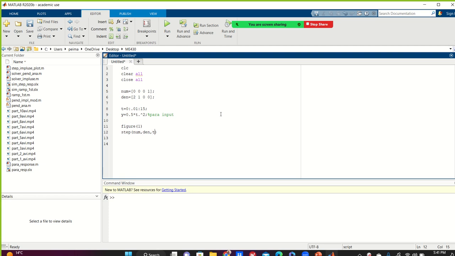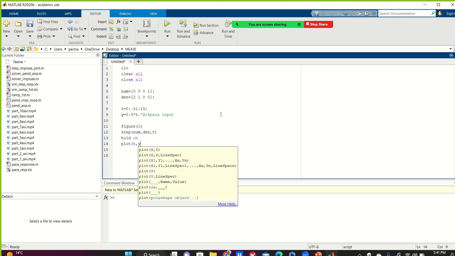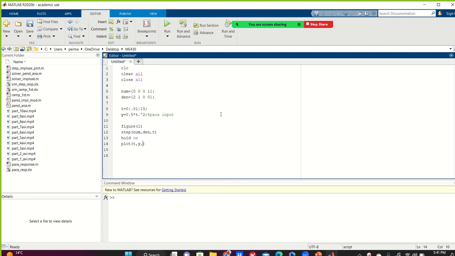So then I'm gonna say hold on, and plot the input to the system, t and y, and I'm gonna say it is red, grid, title parabolic response, and then legend. The first one is output of the system, and the second one is the input to the system. Here we go.